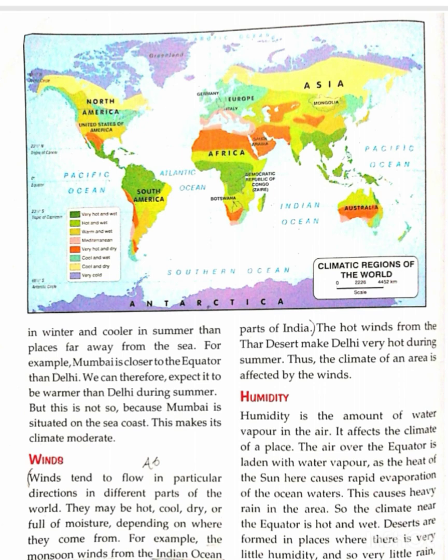If the amount of water vapor in the air increases, that means humidity will increase, and then rain will come. So the places near the equator have a climate that is hot and wet. This is the only thing you need to understand.